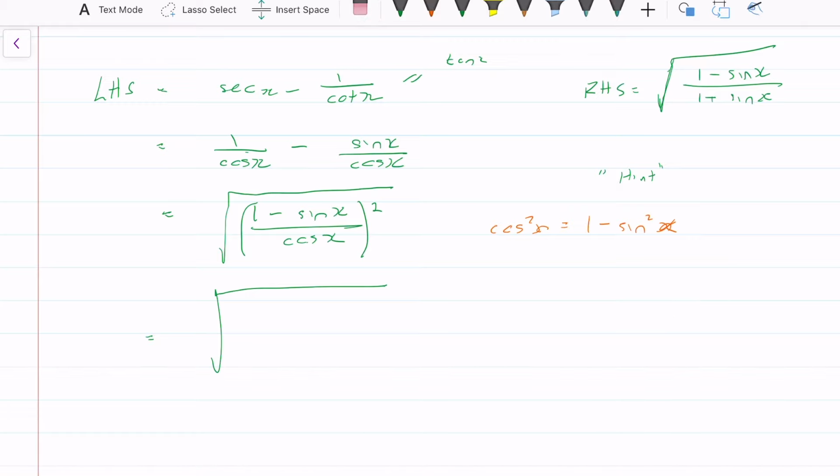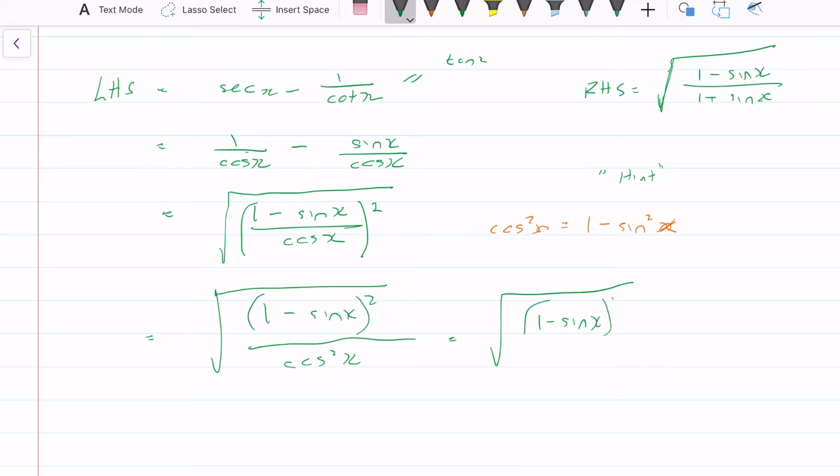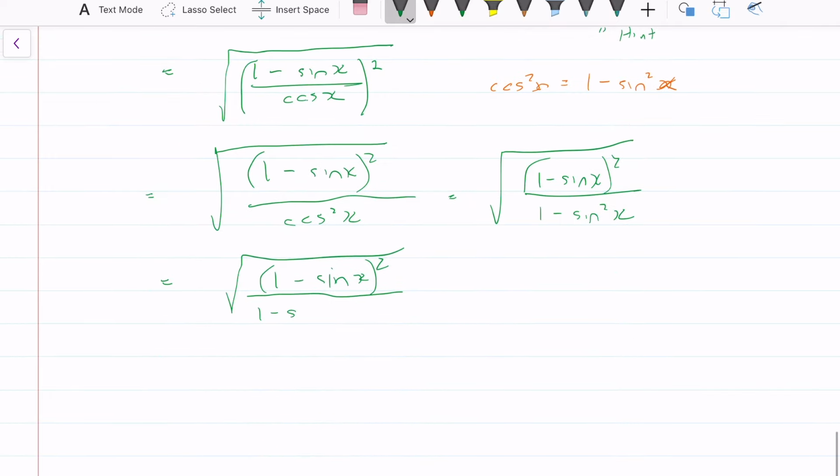So what we have is the square root of 1 minus sin x squared over cos squared x, which is equal to the square root of 1 minus sin x squared over 1 minus sin squared x, which is equal to the square root of 1 minus sin x squared over, using difference of two squares, 1 minus sin x times 1 plus sin x.